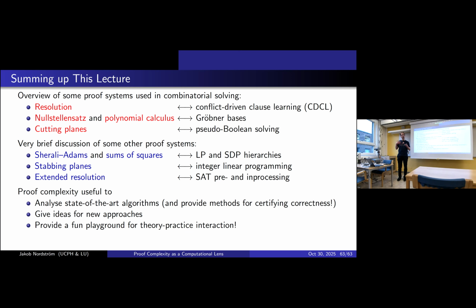And understanding how powerful these different methods of reasoning are forces us to work on very intriguing and challenging and fun combinatorial problems. And that is what I hope to do in the proof complexity course that we will run this winter. But now we've reached the end of this introductory lecture on proof complexity as a computational lens.